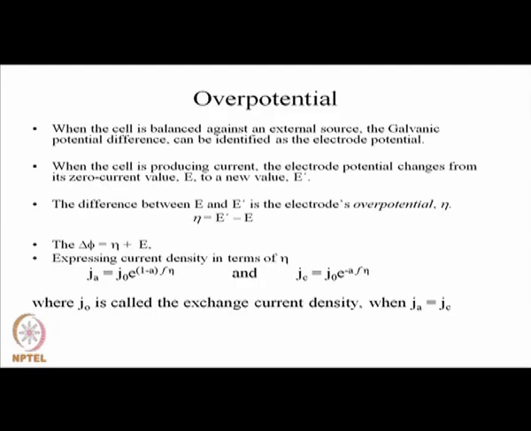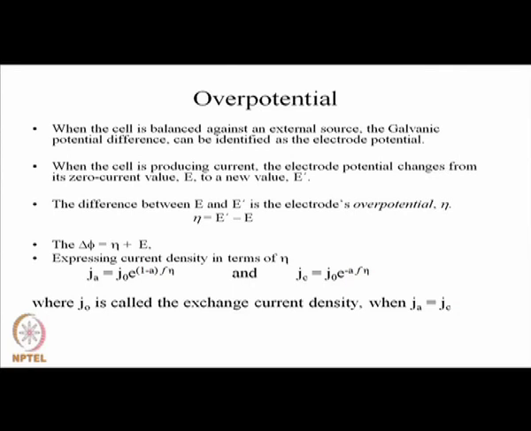Next is overpotential. There is another aspect which is very important, that is overpotential. First of all we have to know what is overpotential. Okay. Now, when a cell is balanced against an external source, the galvanic potential difference can be identified as electrode potential. Okay. So, think of the Poggendorff's compensation method by which we can measure the electrode potential.